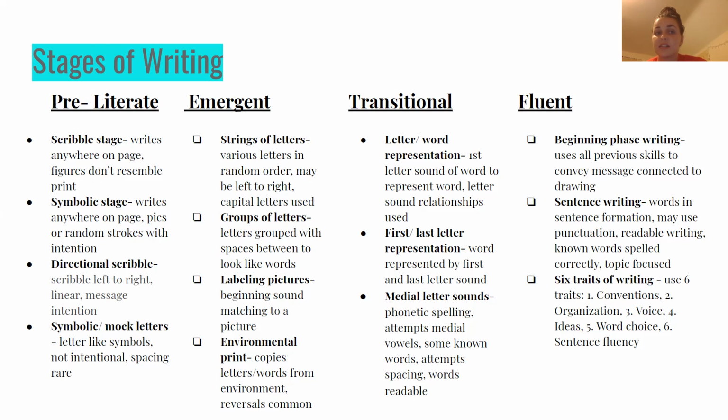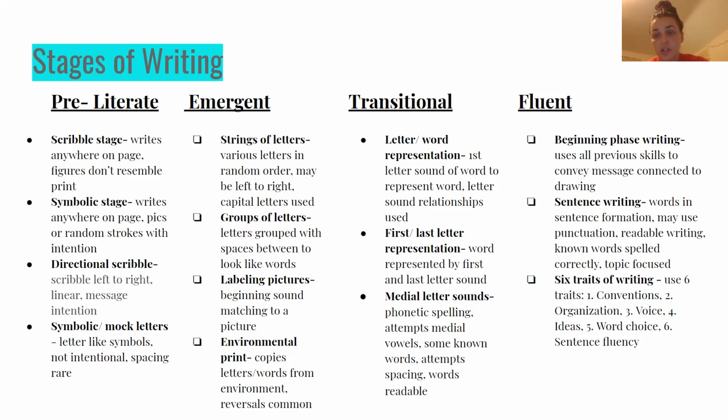The last section of the stages of writing is fluent. So in this section, the first stage of fluency is beginning phase writing. This is when they use all the previous skills that were mentioned to convey a message and to connect it to a drawing. And then after that comes sentence writing. This is when the student uses words in sentence formation.